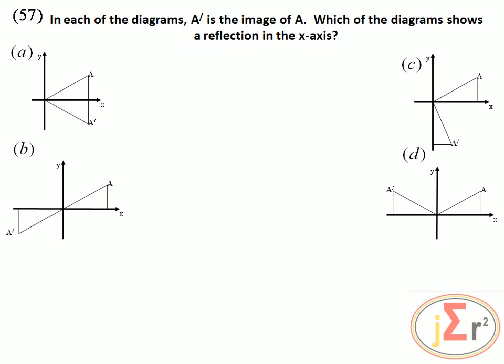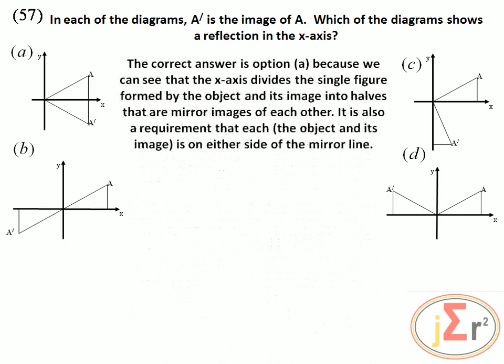In each of the diagrams, A prime is the image of A. Which of the diagrams shows a reflection in the x-axis? The correct answer is option A, because we can see that the x-axis divides the single figure formed by the object and its image into halves that are mirror images of each other.